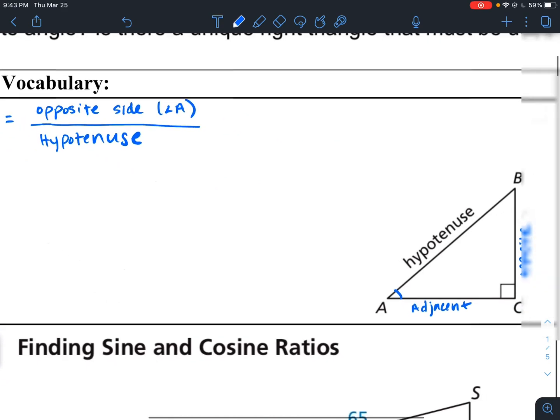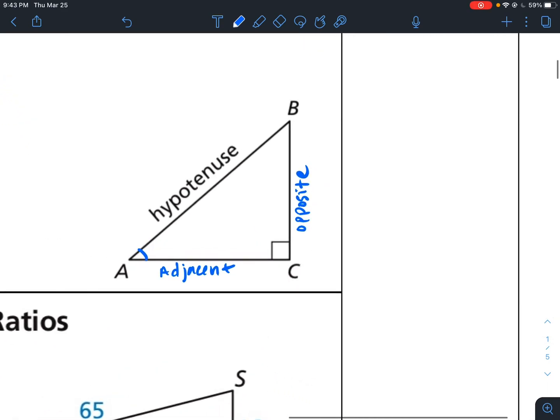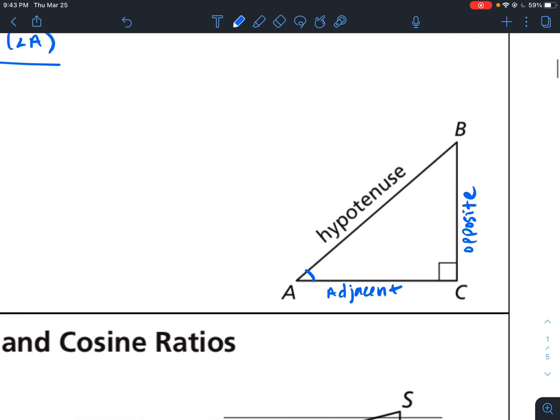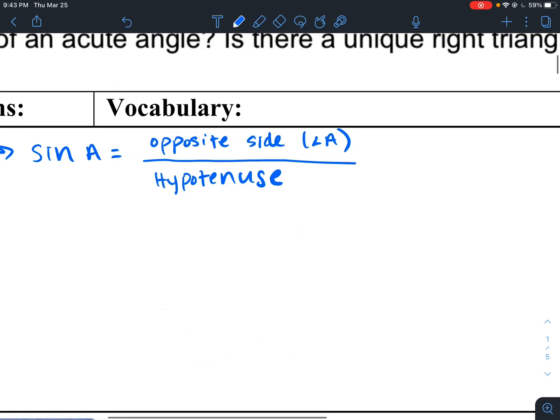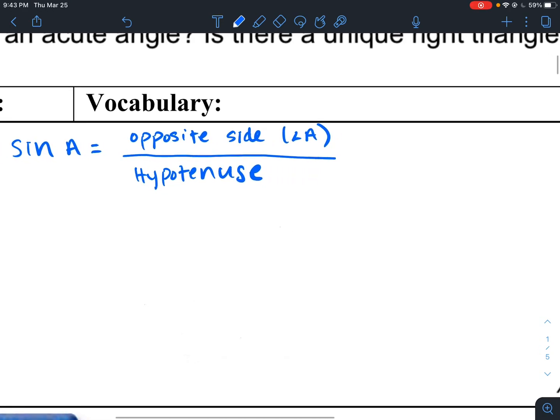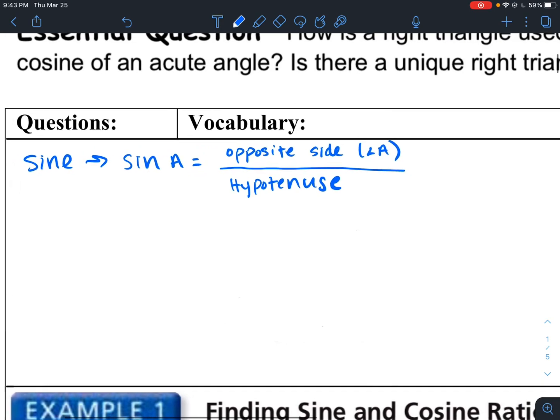The hypotenuse is consistent. It doesn't matter if you're looking at it from the perspective of angle B or angle A, the hypotenuse is always the same. So sine of angle A is equal to the opposite side of angle A divided by the hypotenuse. And then next is the cosine function.